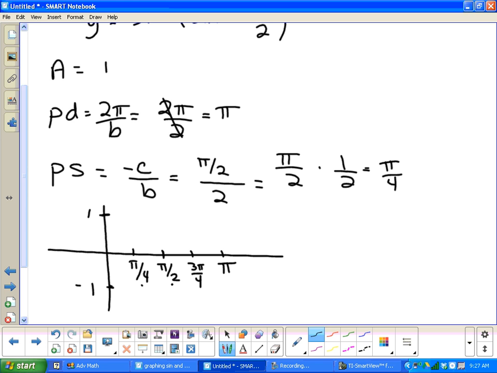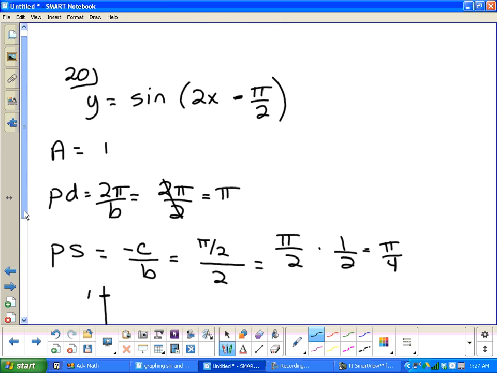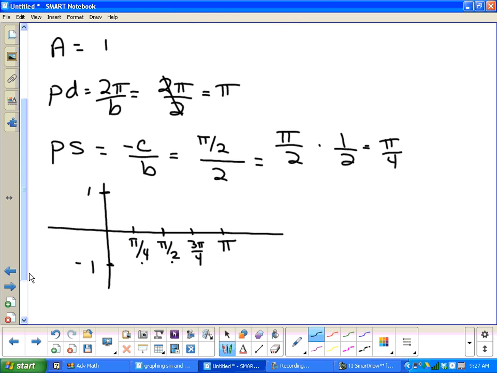Now, here's where my phase shift is going to come in. Normally, we would say sine would start at the origin and go up. But instead of starting at the origin, it's going to shift over, and it's going to start at pi over 4.